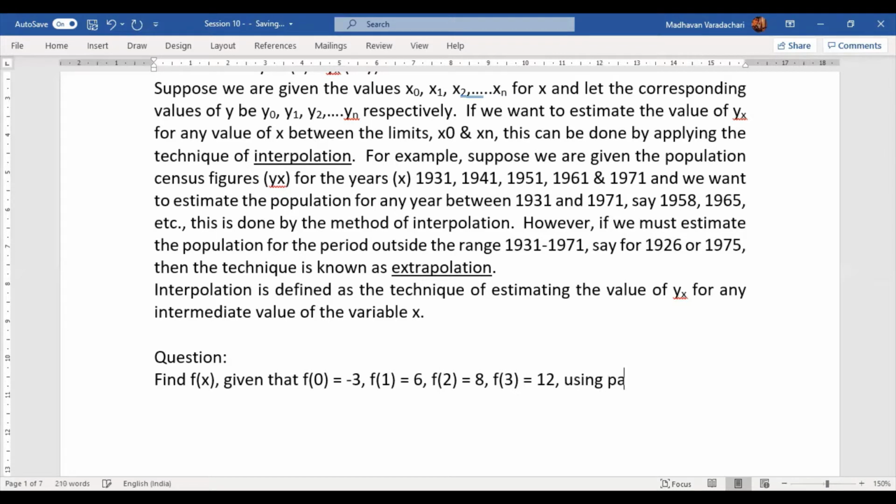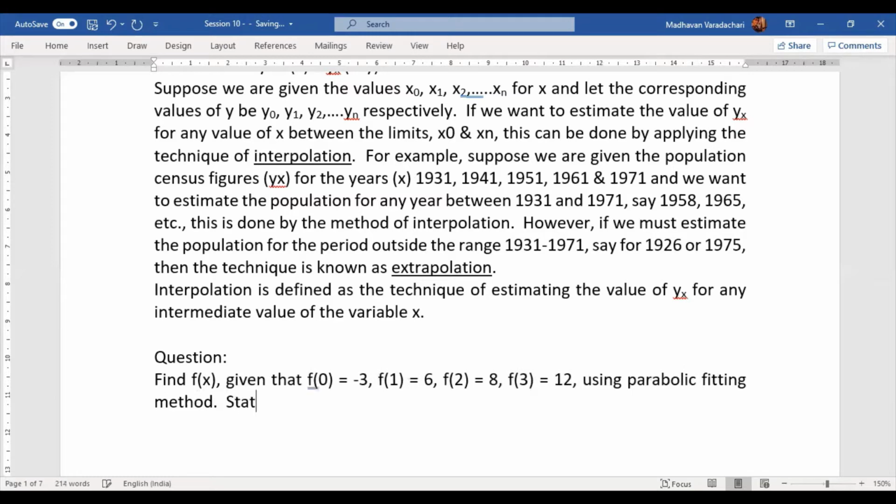Using parabolic fitting method, find f of 6 using the fitted curve.